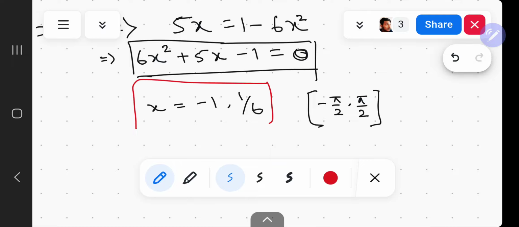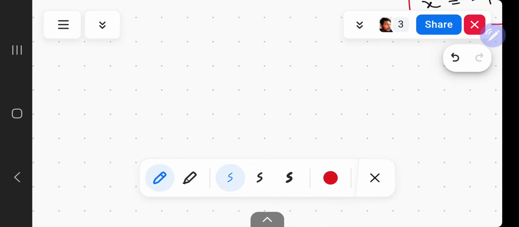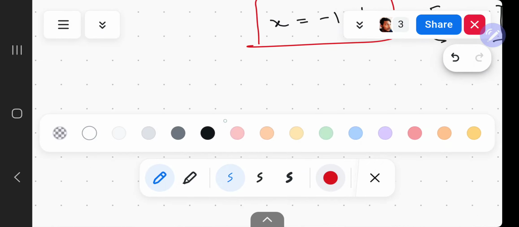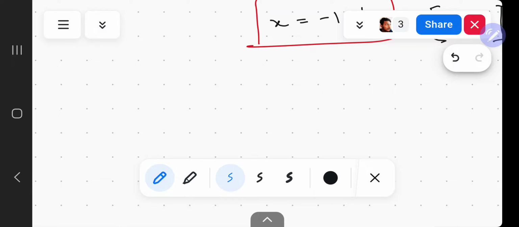Both of them will be our answers. Okay. You can stop me whenever you have a doubt in any of the questions. Okay. So for the next question, we have to find the value of x.